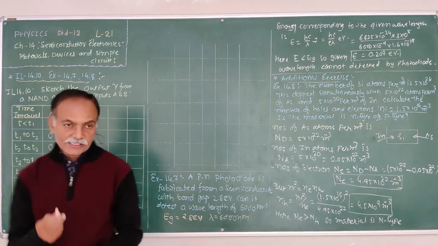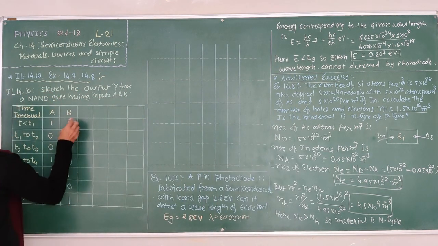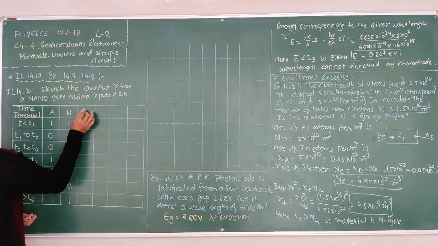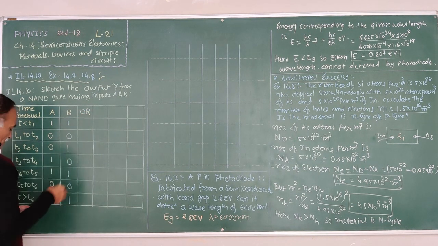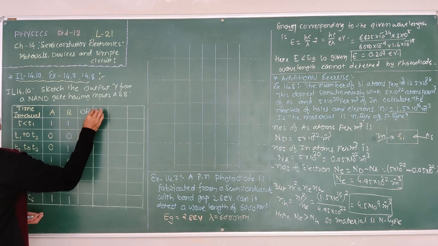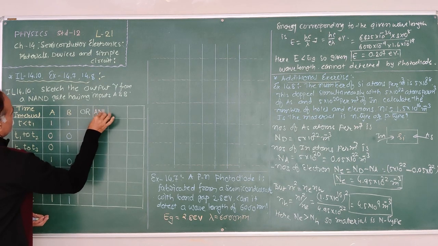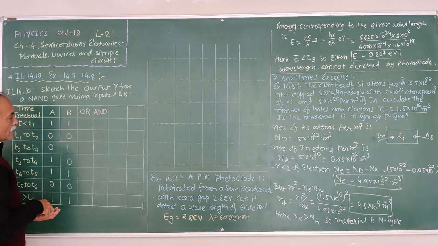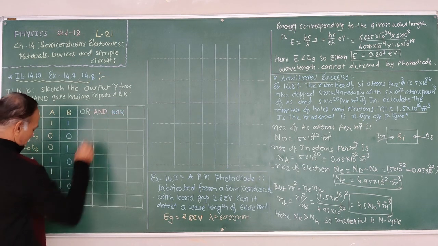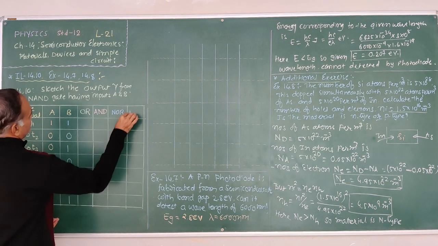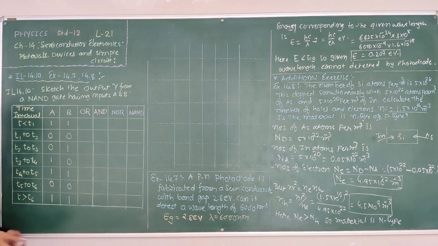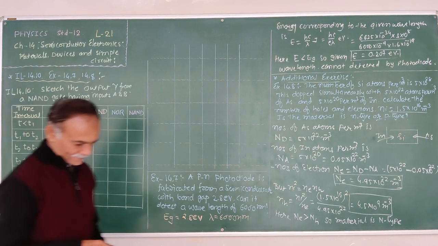First we enter the truth table for the OR gate, after that the AND gate, then NOR and NAND. Now the Boolean equation of the OR gate.